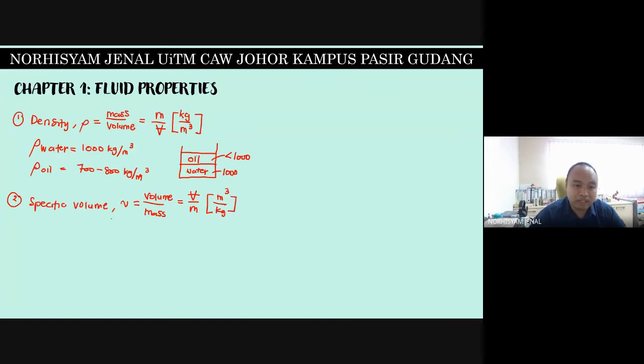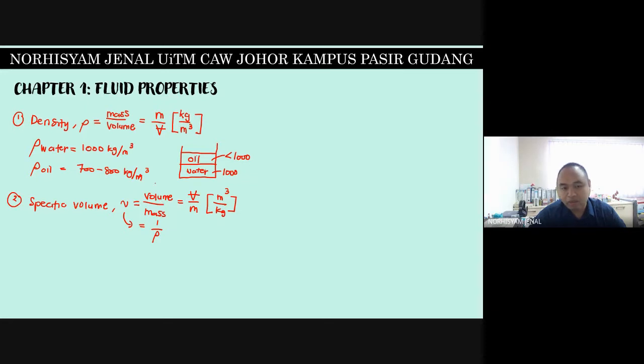And because this is the other way around from density, it can also be equal to 1 over density. All right, so it's the same thing. It's either 1 over density or volume over mass.